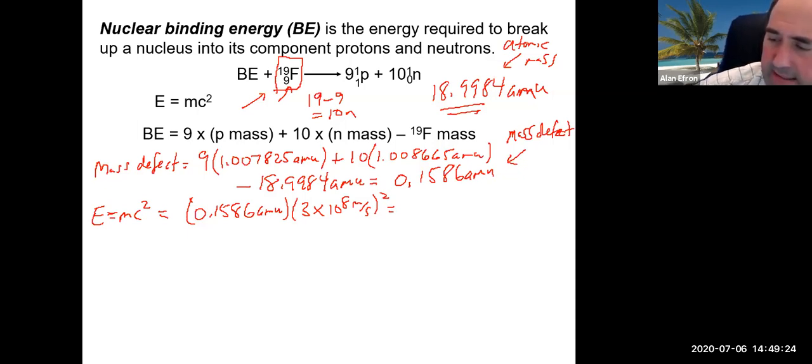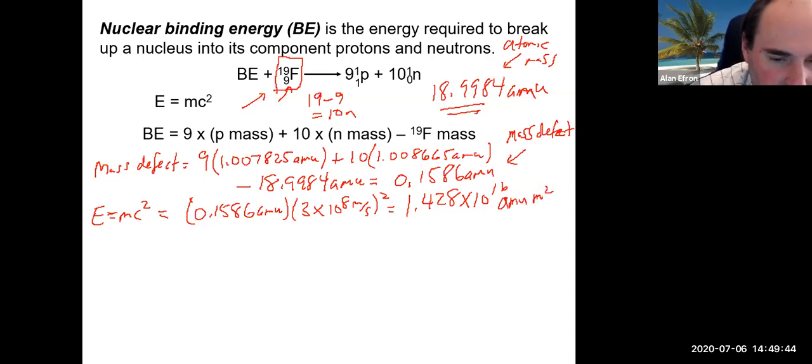And if we do that, that gives us 1.428 times 10 to the 16. The units that we're in at this moment is AMU meter squared per second squared.